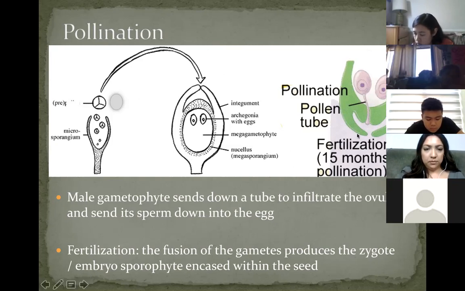You can see that over here on this image on the right. There's your pollen tube, which is this thin purple cylindrical structure. It has inserted itself through the micropyle, which is this opening, and it's fertilizing only one of the eggs. Once it fertilizes the egg, you'll get a mature seed, or basically a new embryo.